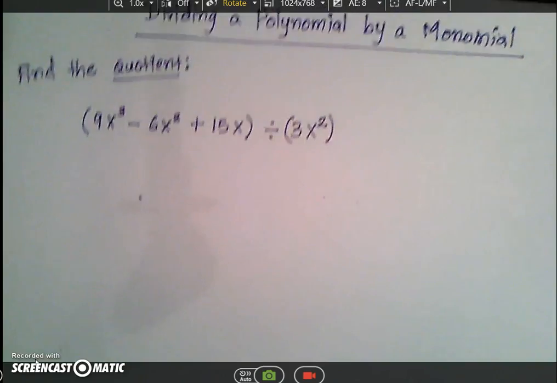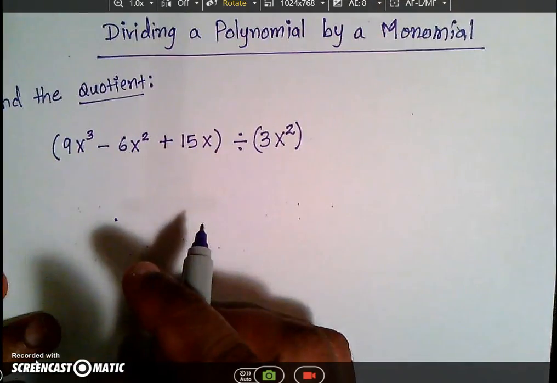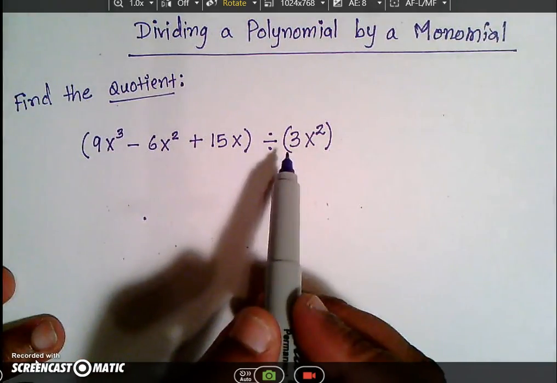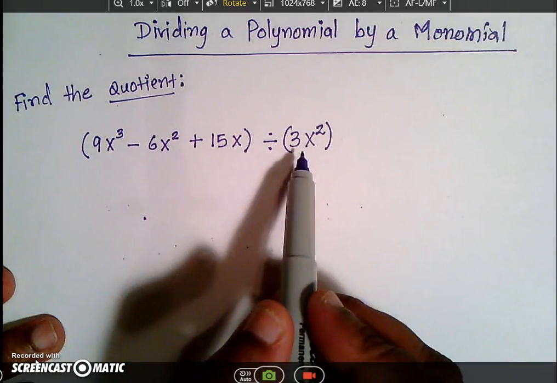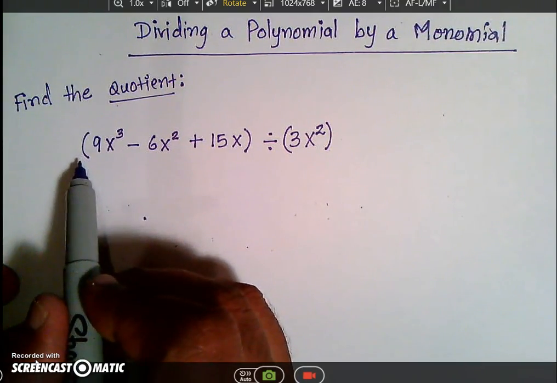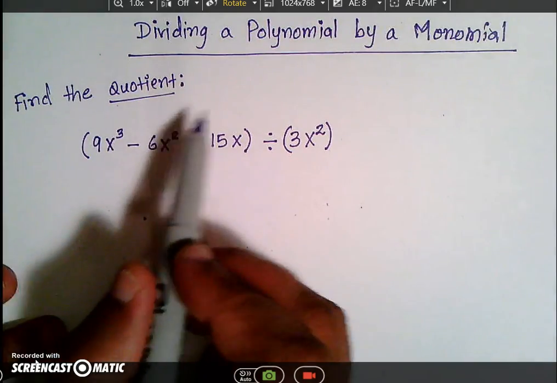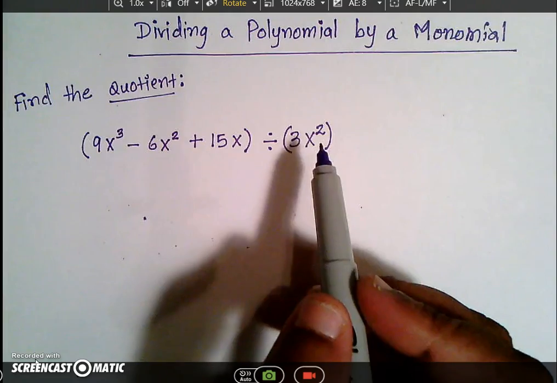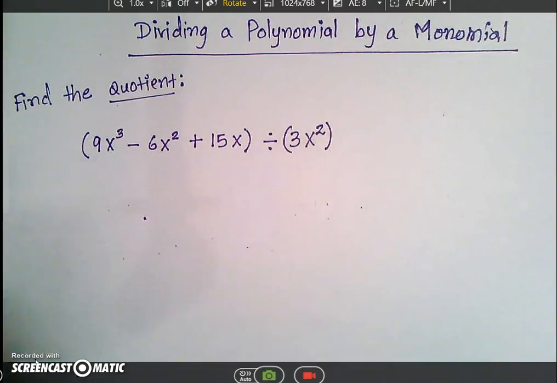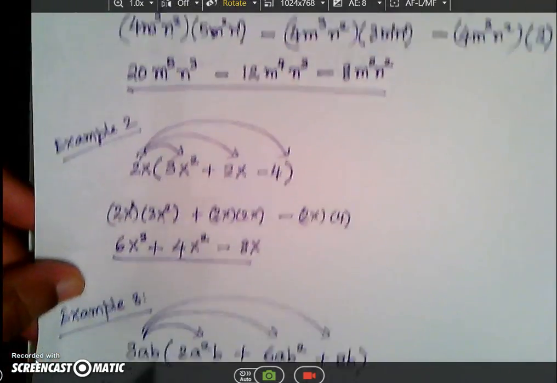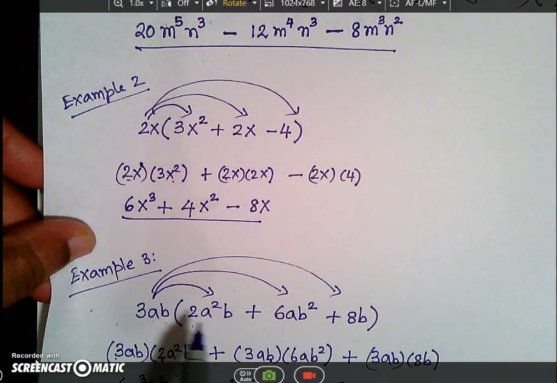Alright, so the next topic is dividing a polynomial by a monomial, finding the quotient. Earlier we said that multiplying is multiplying every single term with that monomial.